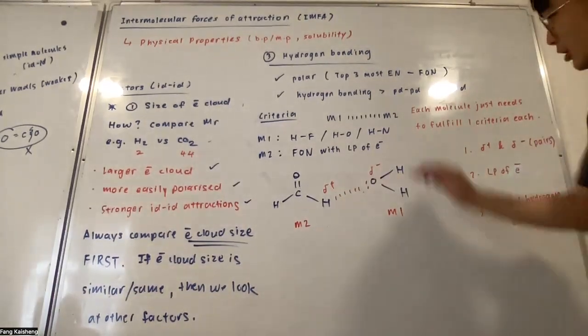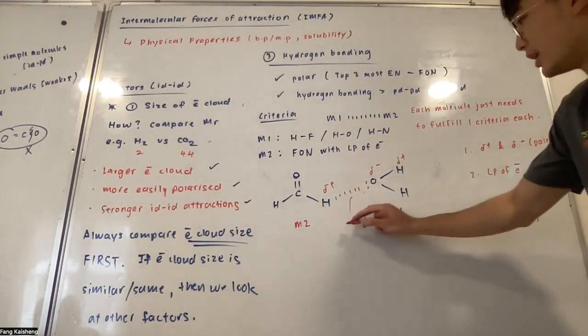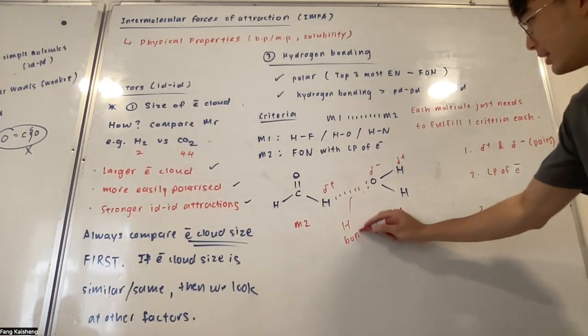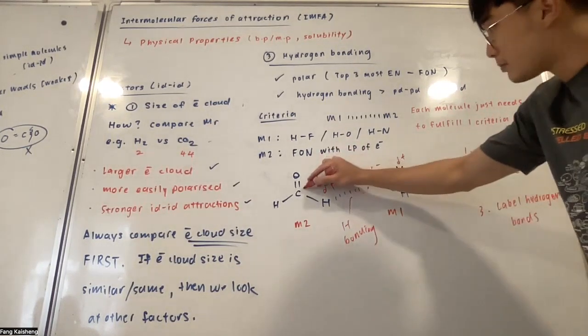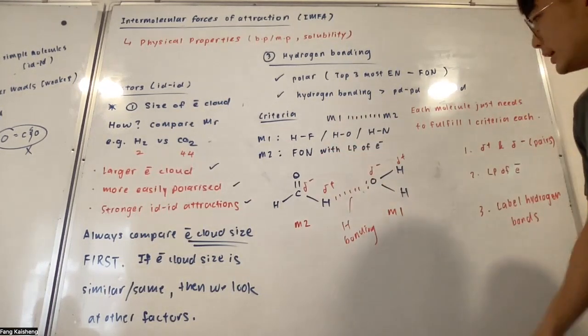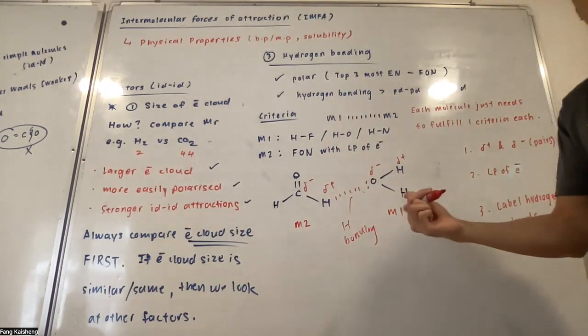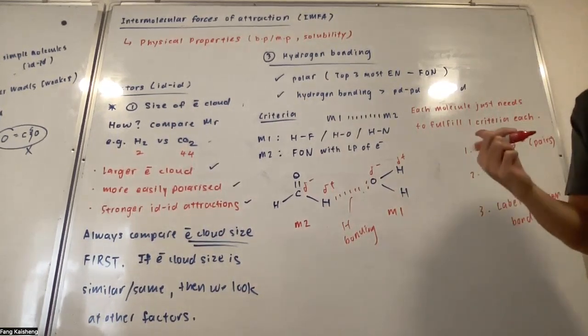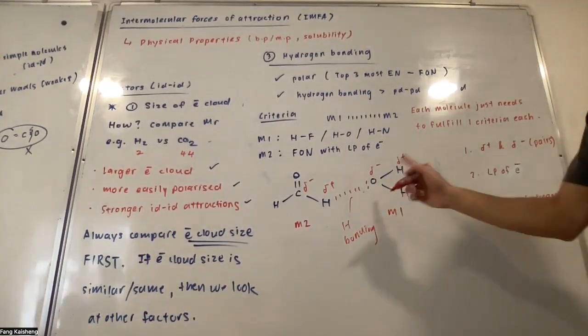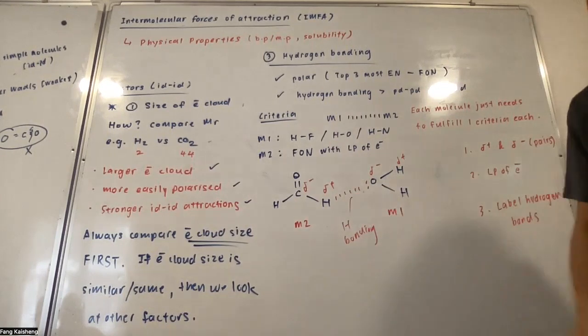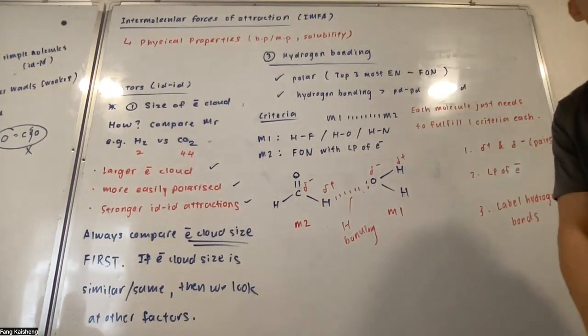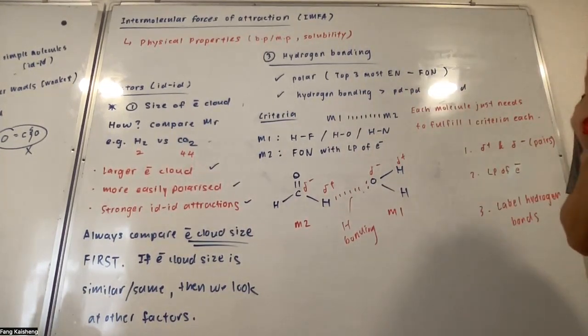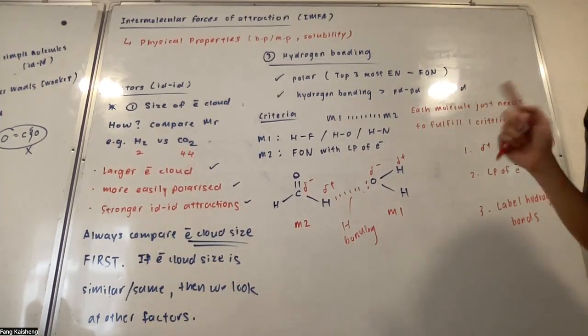Then I put my partial charge, I label this hydrogen bonding, and then it's partial negative. Correct. What's wrong with this? There are many things wrong with this. The reason a lot of answers come out like this is because you all see an O and an H very conveniently, and just put them together. What is wrong with this diagram? You don't need to draw this out, you all just need to tell me what's wrong with this.